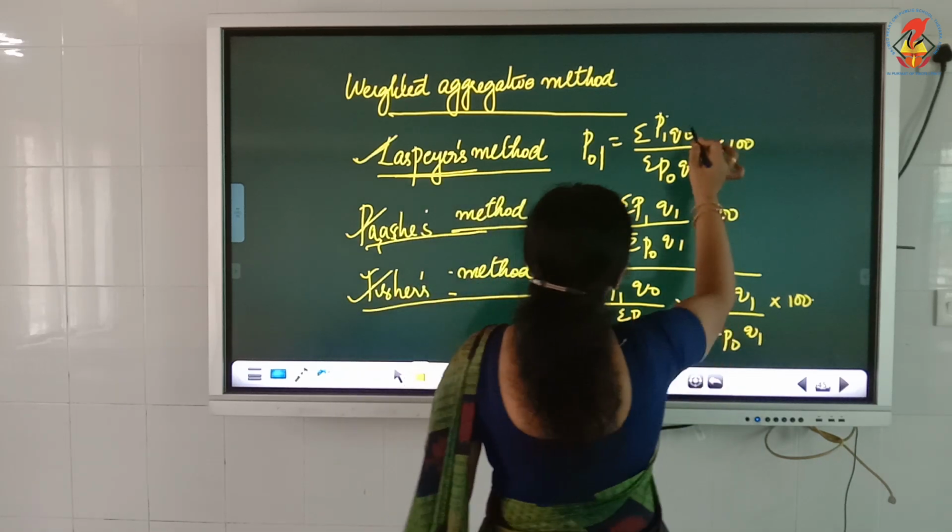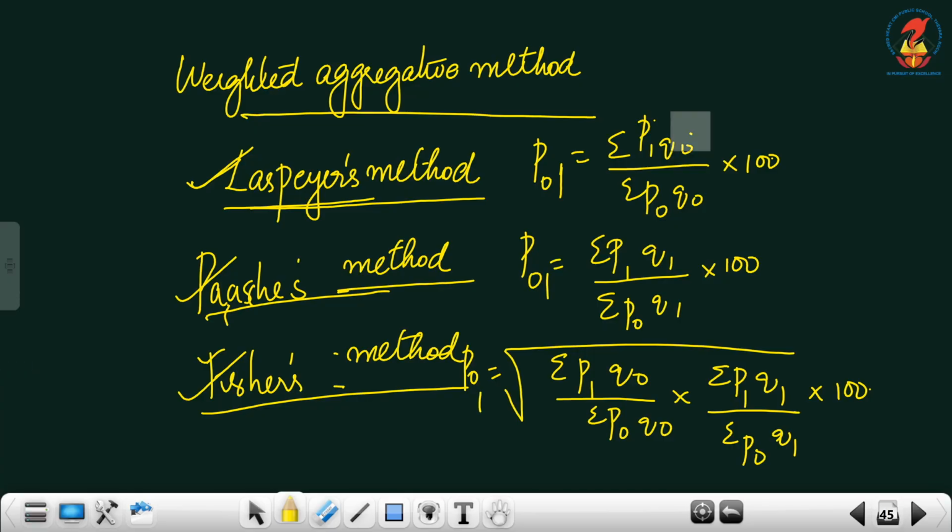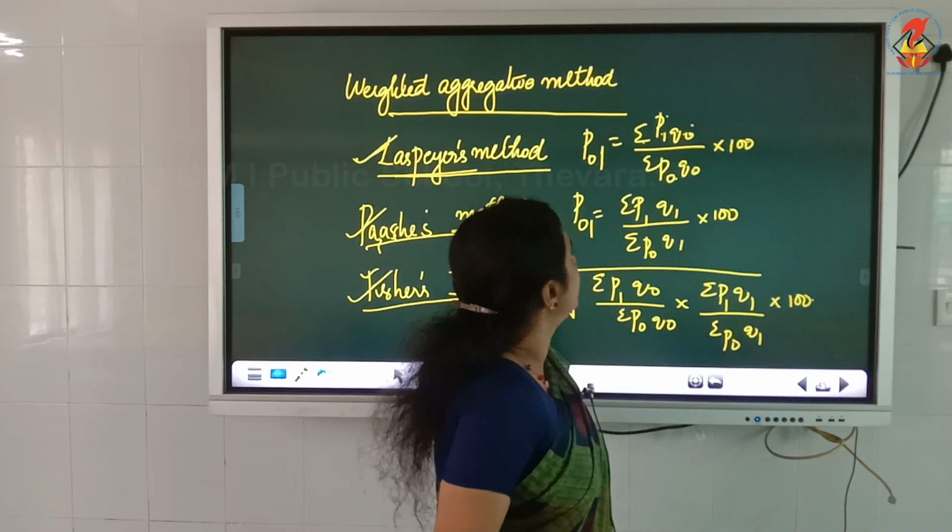So, as per his formula, sigma of P1 into Q0, its total has to be found, divided by sigma P0 Q0 into 100, total of the base year price and base year quantity into 100.